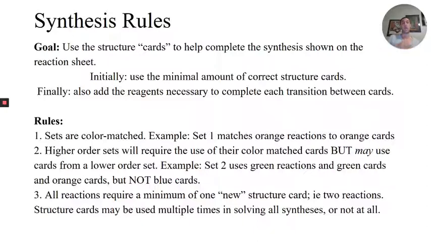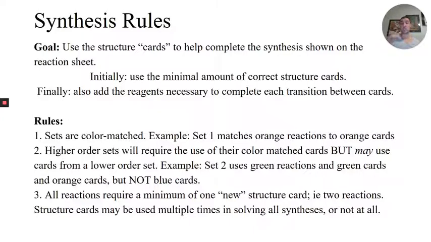This says the sets are color matched. I went through and did a bunch of editing, didn't fix that. They aren't color matched for you because they're not printed out for you. It's in a document that you have to print out if you were going to do it that way. But you get set 1, set 2, set 3, so 3 different sets.